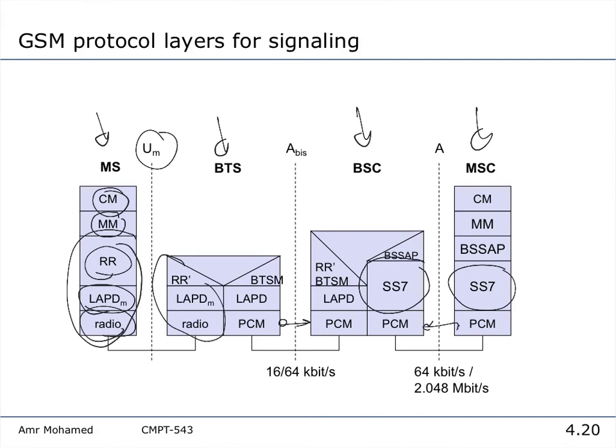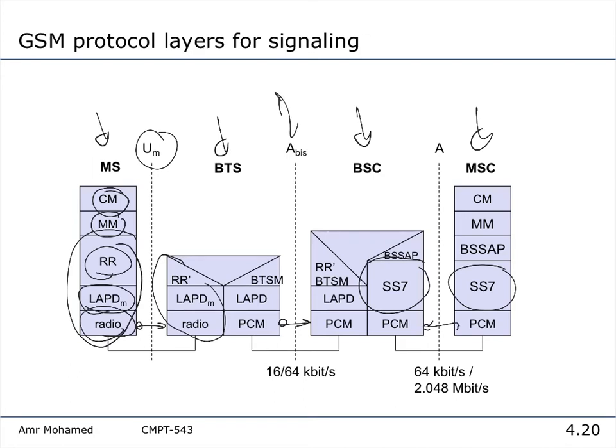So we use pulse code modulation as a primitive physical layer to convert any analog signal into a digital signal and then transmit it over the wired networks. So there's no specific technique that we use for the physical layer, and we don't need to make it very complicated like here. Here, it has to be a little bit more complicated because we have to use digital modulation and so on, because this is a radio layer or radio link. Now for wired, we use a primitive type of physical layer.